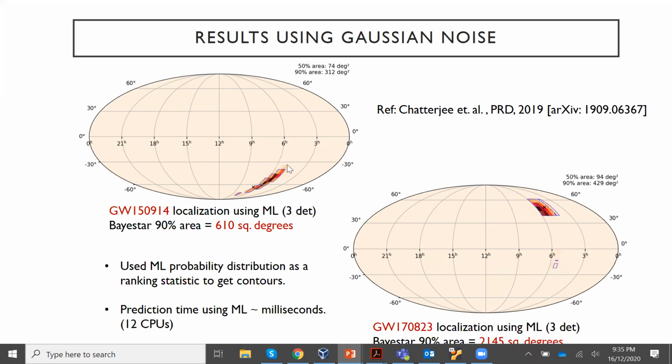And the way we get these intervals, these contours, is by treating the machine learning probability distribution as a ranking statistic. So we rank the sectors based on the probability that we get out of our model, and we are able to estimate these contours.